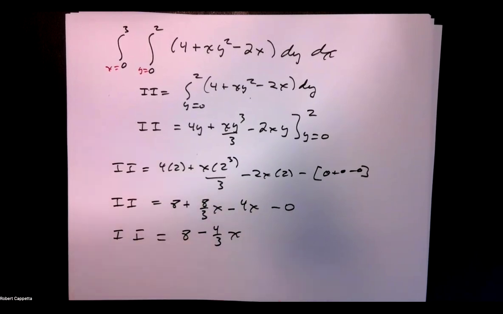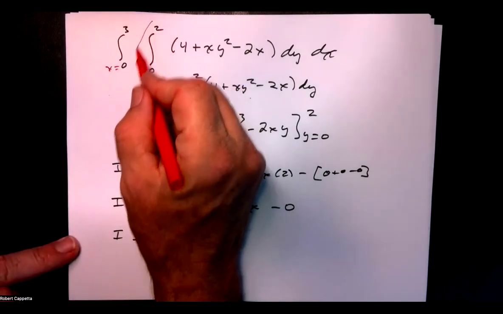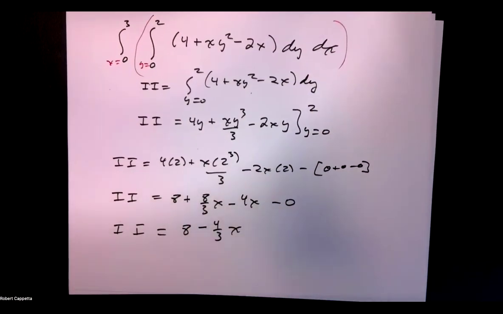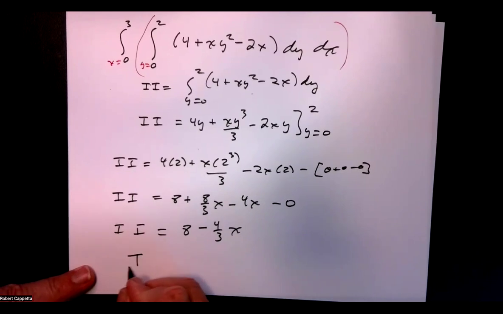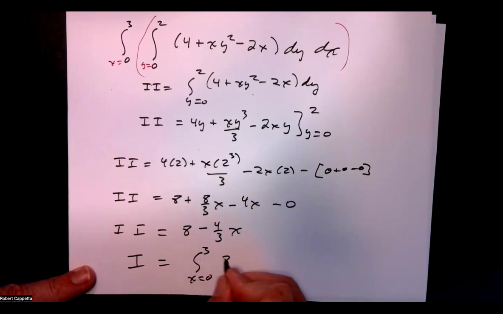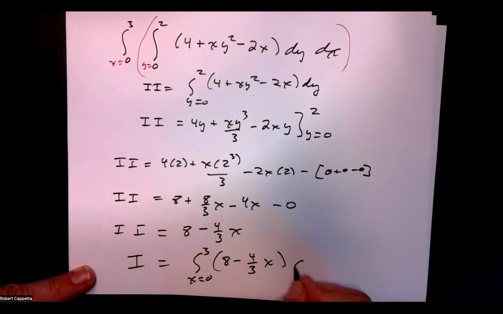So that all gets substituted for the inner integral. And then to finish this, I just take the integral as x goes from 0 to 3. So my outer integral, x goes from 0 to 3 of that inner integral, 8 minus 4/3 x dx.